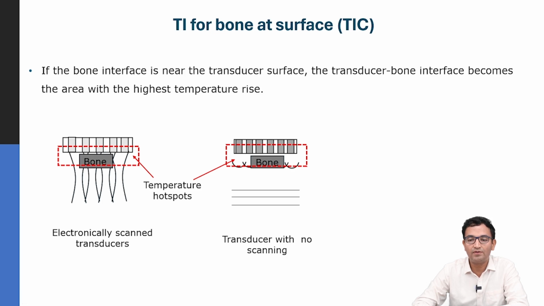But now you also have a bone in close proximity with that area. So it is not at all surprising that this is the region where you will find the highest temperature rise. And the same trend applies even for non-scanned imaging transducers. For example, if you are doing plane wave imaging where all the transducers are firing together, still you would expect the highest temperature rise near this interface of the bone and the transducer.